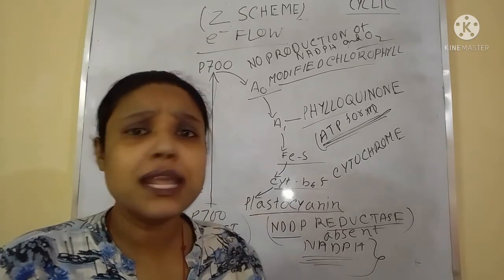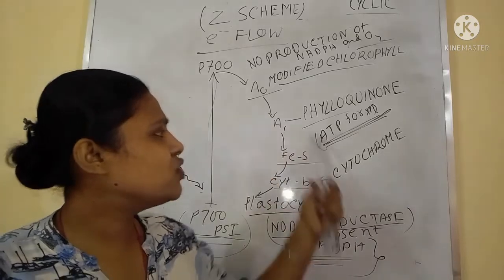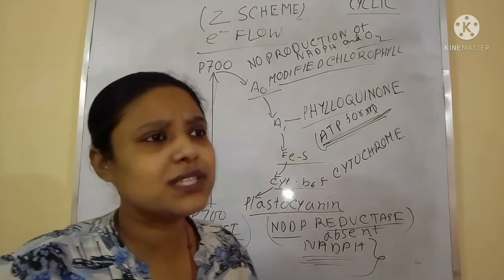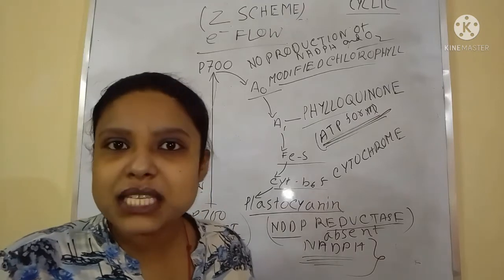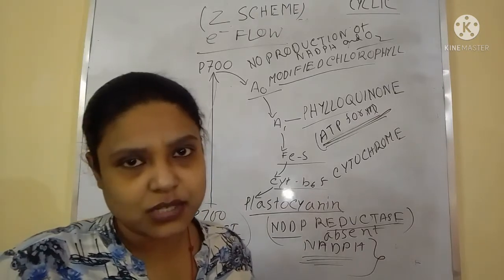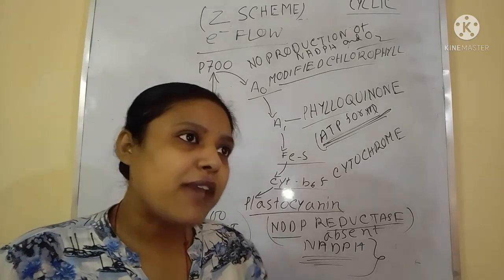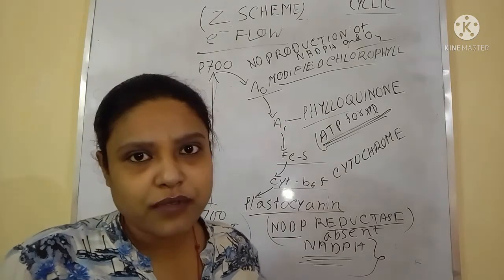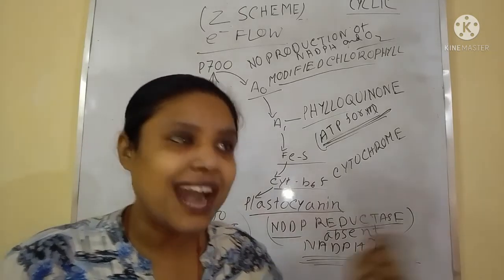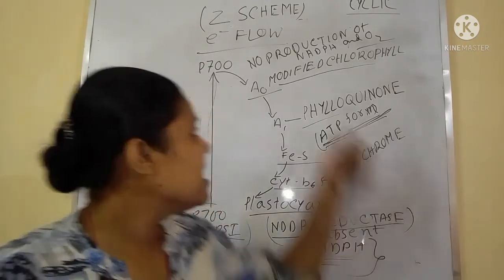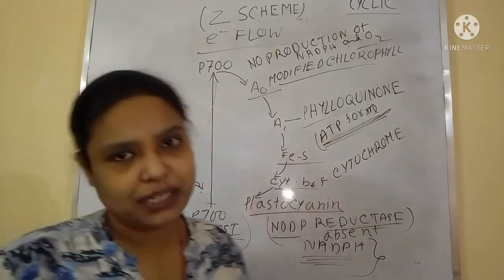Only one is not involved in the light reaction, because here only ATP is produced, no NADPH is formed and no oxygen is released. As NADPH is not formed, the Calvin cycle or dark phase reaction is not possible in this cyclic pathway.